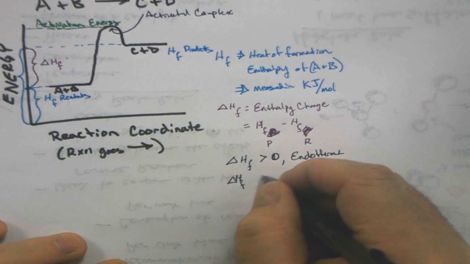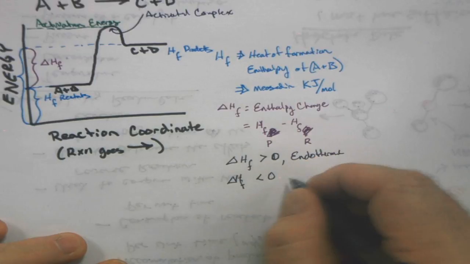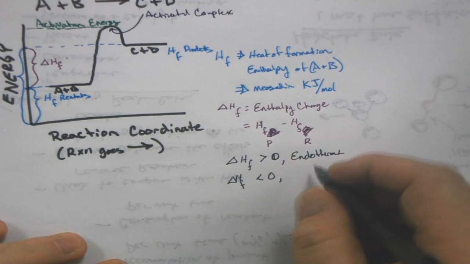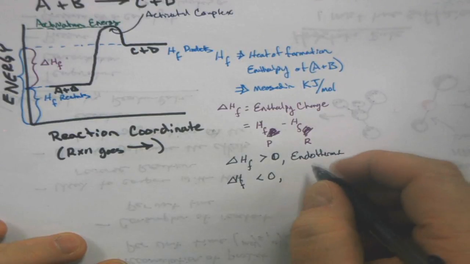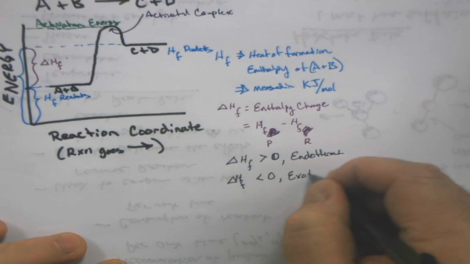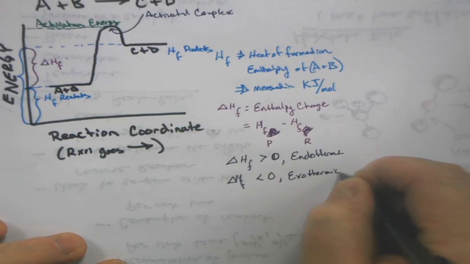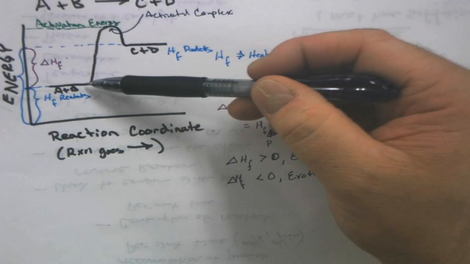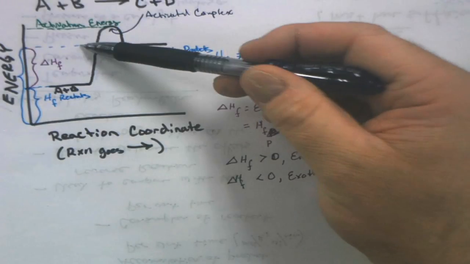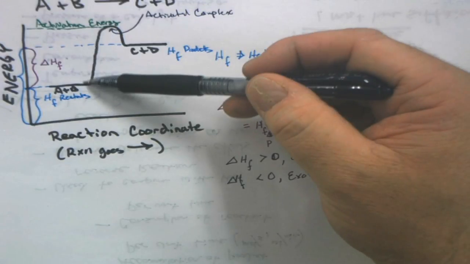If our delta H is less than 0, then we have, what's the other one? It would be exothermic. So this goes from a lower energy state to a higher energy state. That would be an increase in energy, right?